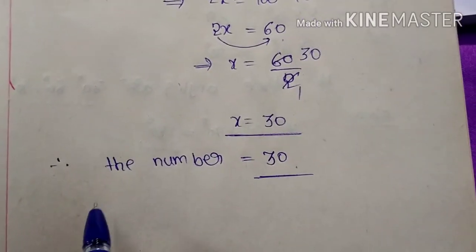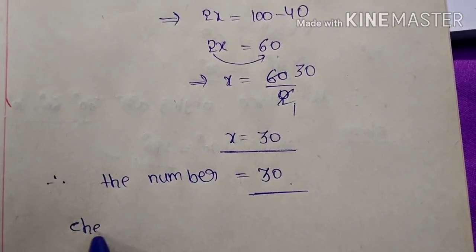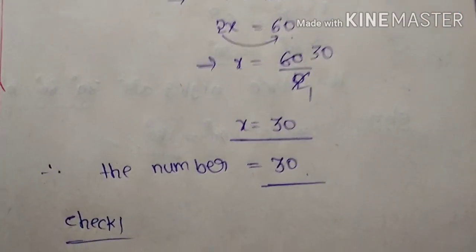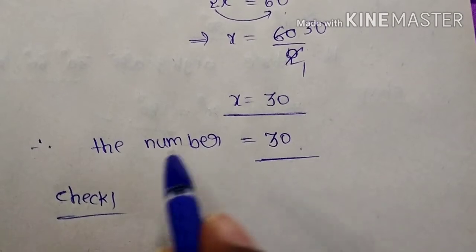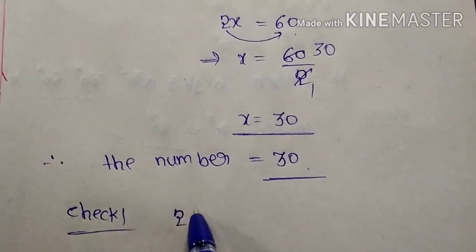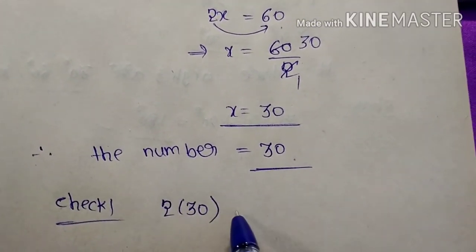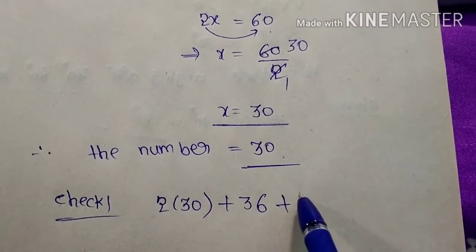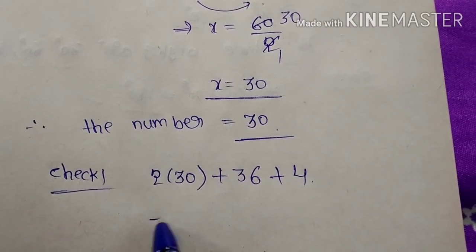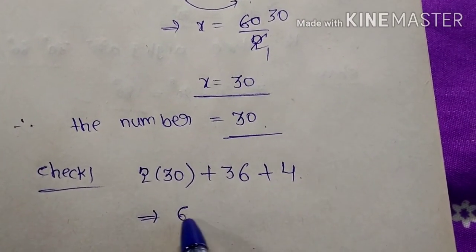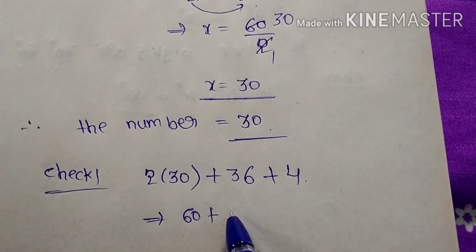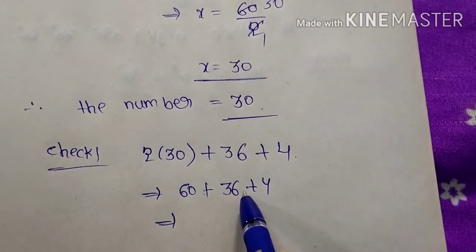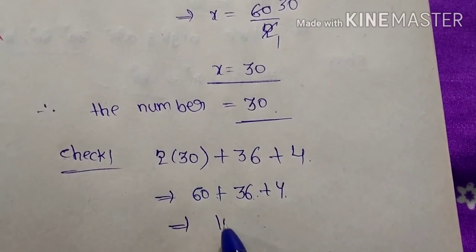If you want you can check your result. See here, 2 times a number, that means here 2 into 30. By adding 36 to it, to reach century we still add 4 or not? Yes, that means 2 threes are 6, 60 plus 36 plus 4. 60 plus 36 is 96, 96 plus 4 how much? 100.